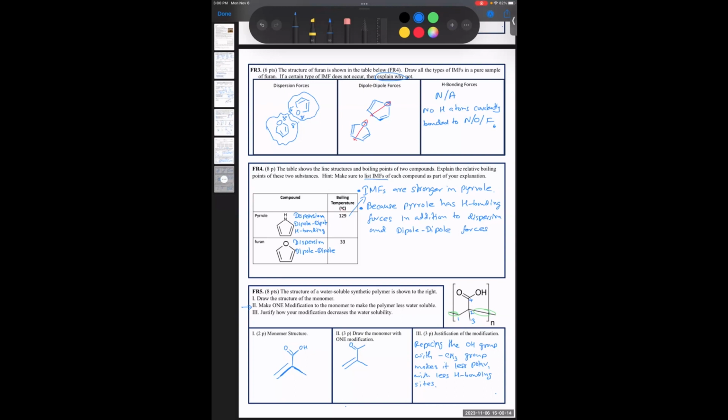The idea is I make it less like water. I mean, I removed some interactions with water. That's what I did.